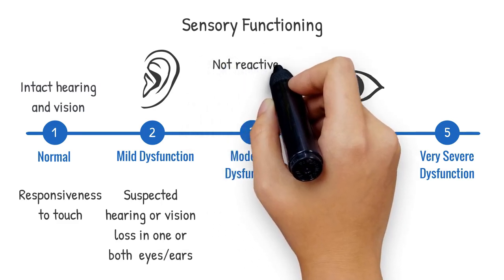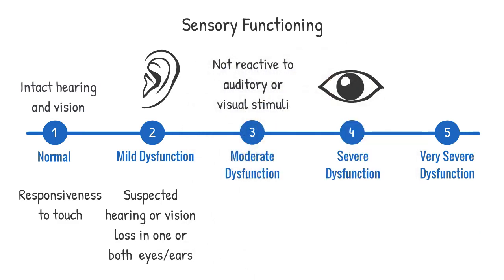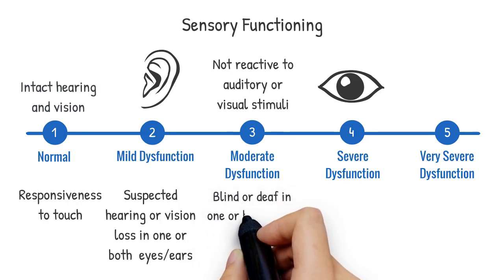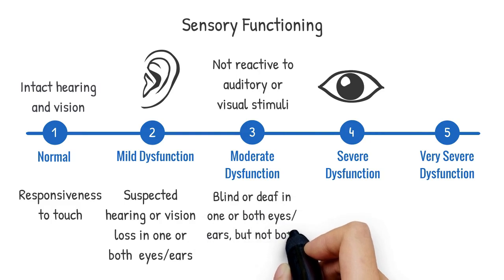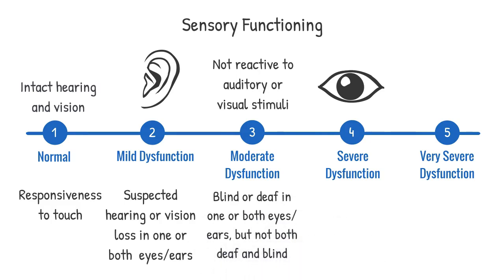For moderate dysfunction, a child is either not reactive to auditory or visual stimuli. The child seems blind or deaf in one or both eyes or ears, but not both deaf and blind. Severe dysfunction is a child who is both deaf and blind.